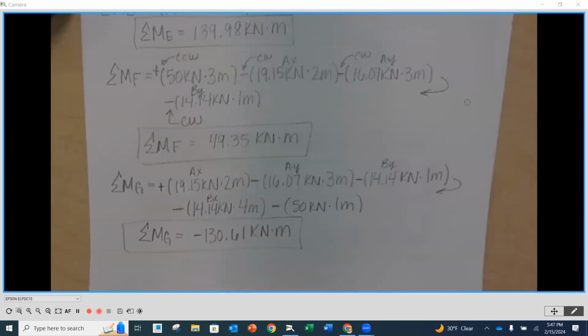So I really like this exercise because it gives us a lot of practice doing the rotations, figuring out the distances, pulling forces back along their lines of action, getting those perpendiculars, and the force times, and then really paying attention to the signs, clockwise, counterclockwise, and such.